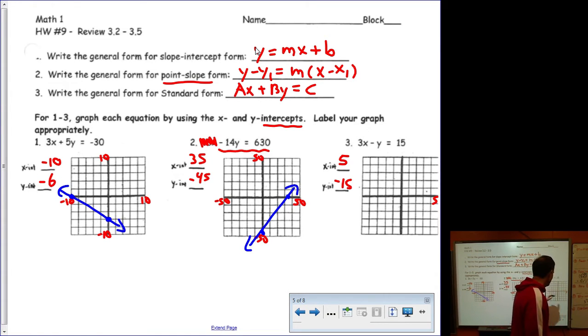So I'll just go 5 and -5. And I'm going to scale the y-axis by 5s. So I'll go 5, 10, 15, 20, 25, and -25. My x-intercept is 5, so right at the edge. My y-intercept is -15, so it'd be -5, -10, -15. And I could draw my line.